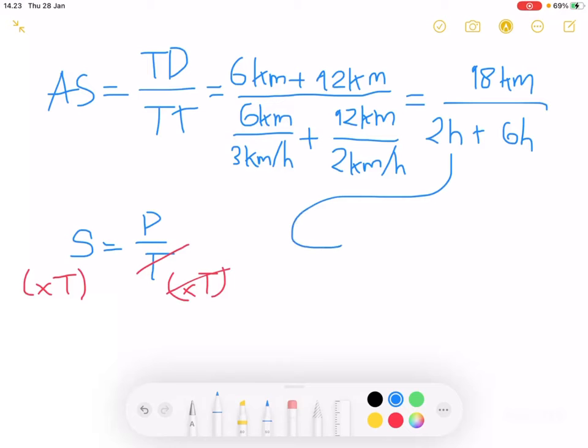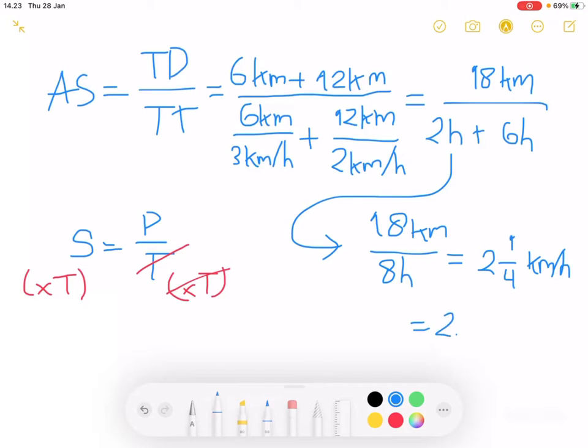So this becomes 18 kilometers over 8 hours, which is 2 and 1/4 kilometers per hour. Or in decimals, we get 2.25 kilometers per hour.